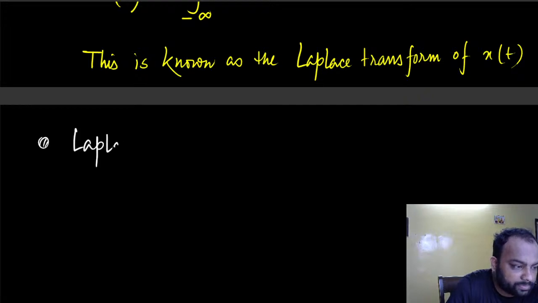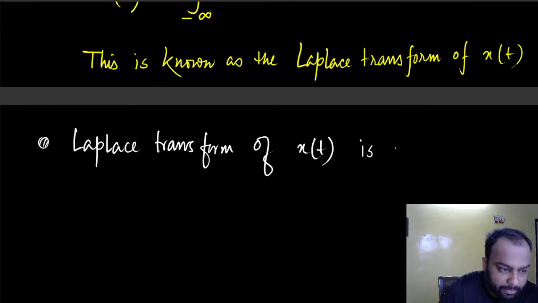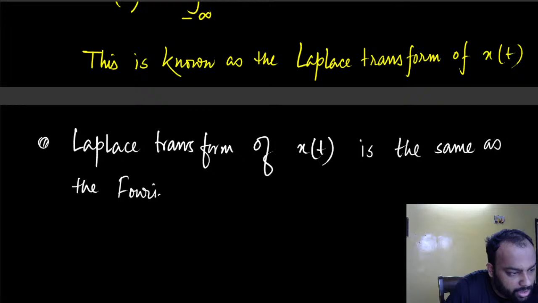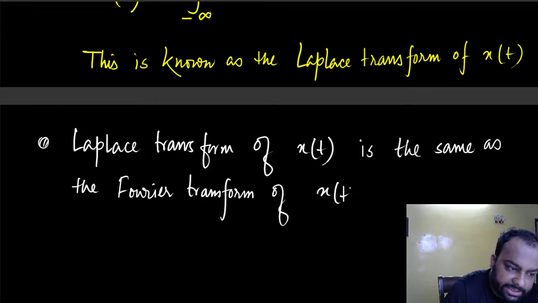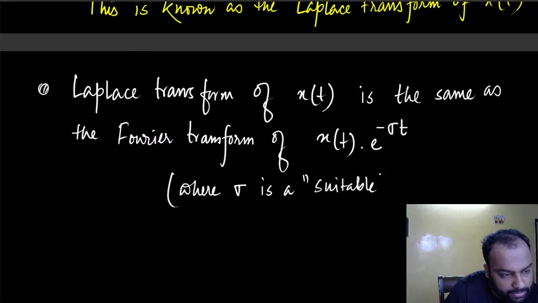Laplace transform of x(t) is the same as the Fourier transform of x(t) times e to the power minus sigma t, where sigma is a suitable real number.